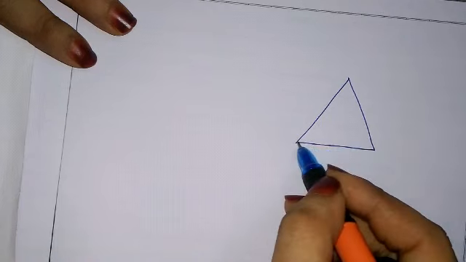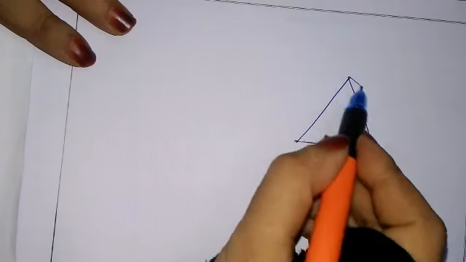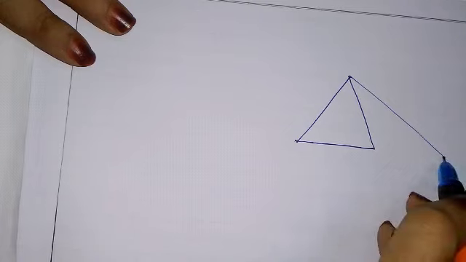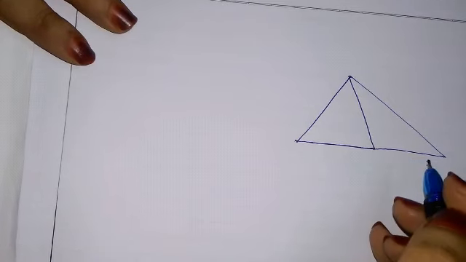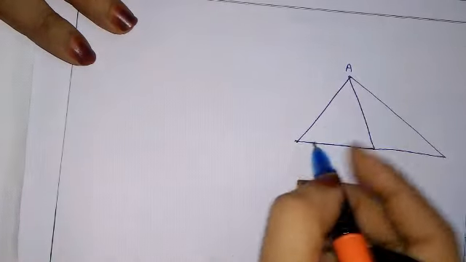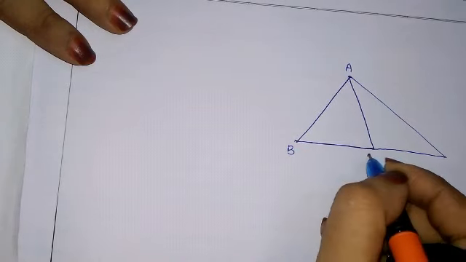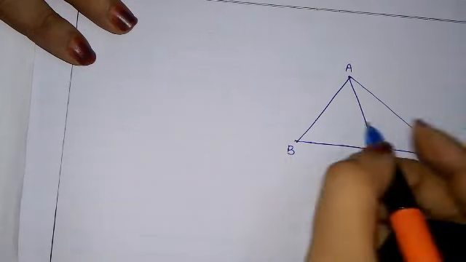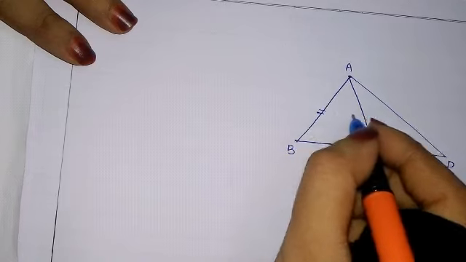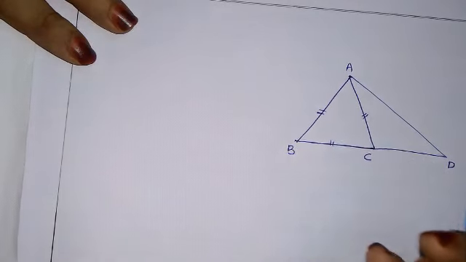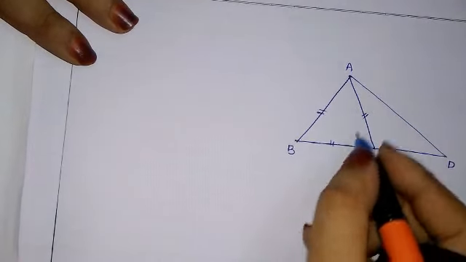Okay, let me draw the given figure. ABC is an equilateral triangle and this is A, B, C, D, and this is the equilateral triangle. Okay, and this is 1:2.